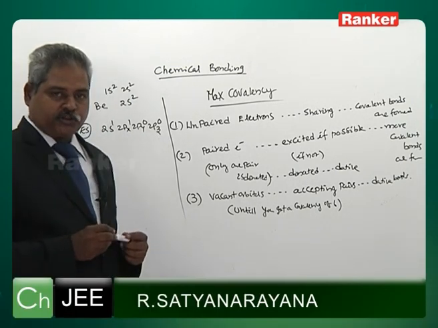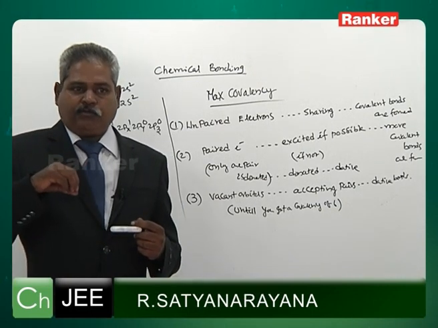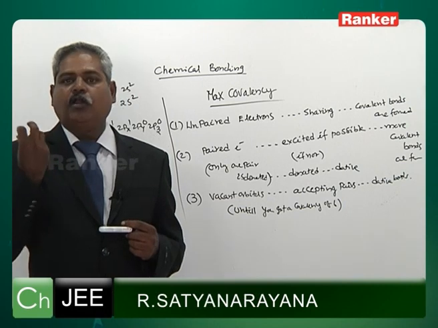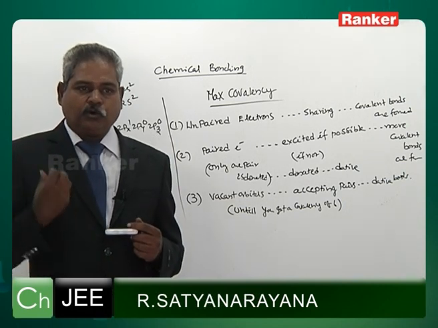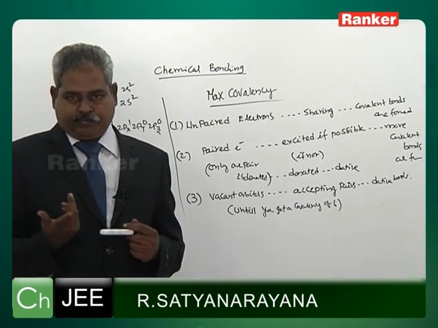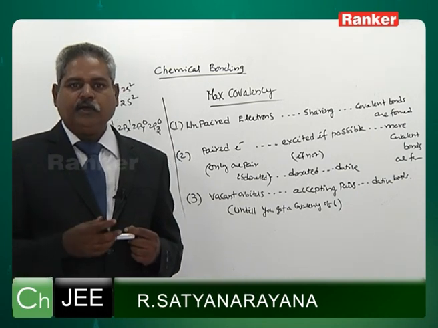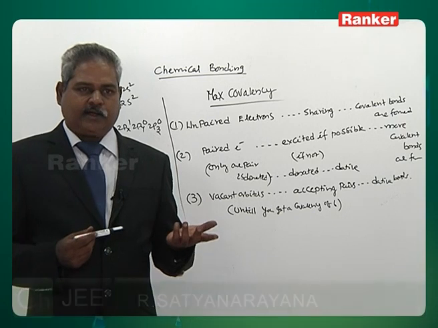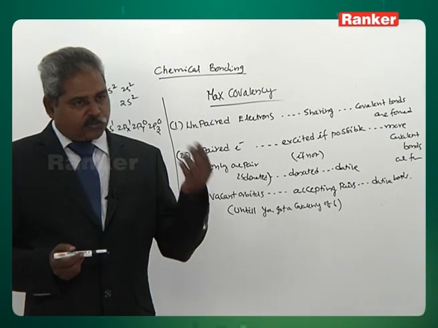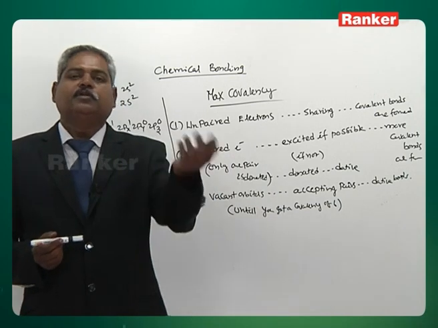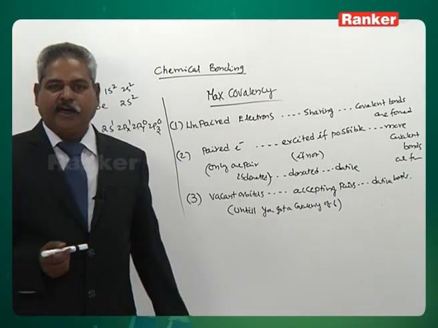Our textbooks say that when beryllium forms Be2 plus, it becomes a very small ion, and small ions are more covalent. So, when the beryllium ion is formed, it develops covalent character. It doesn't mean that it forms beryllium ions and then develops covalent character. To start with, it is covalent. It has a covalent tendency.